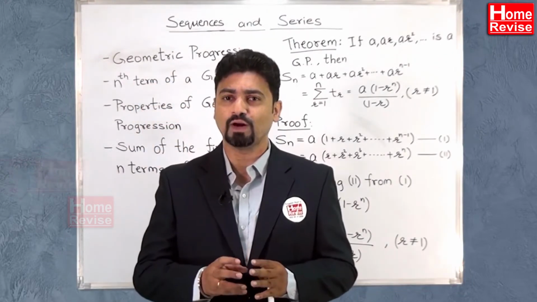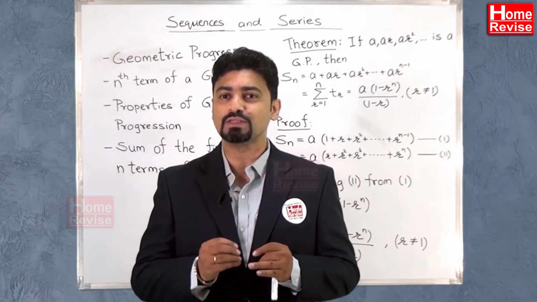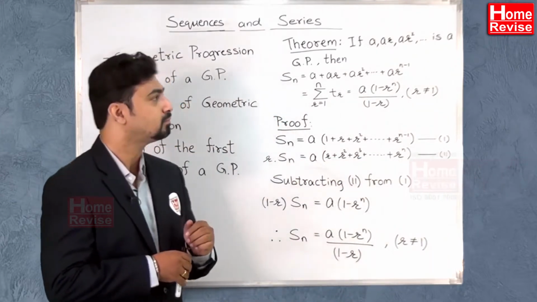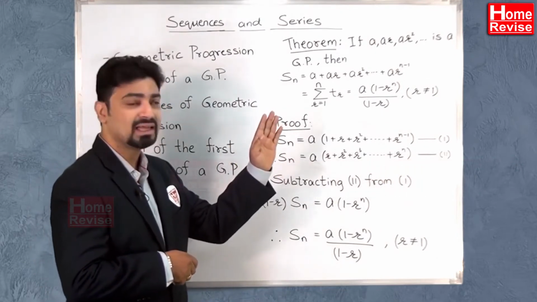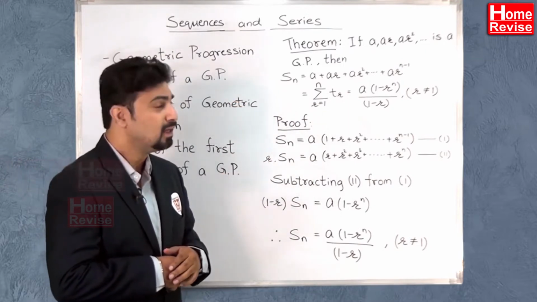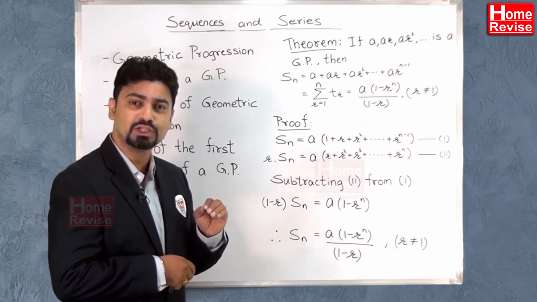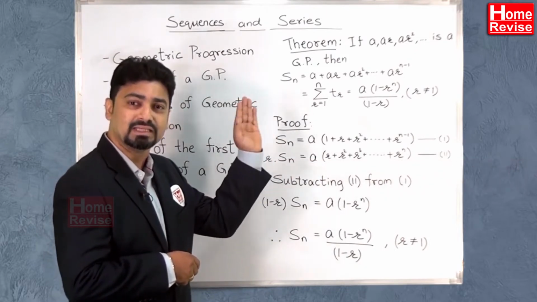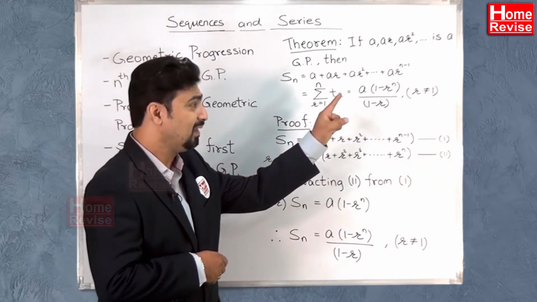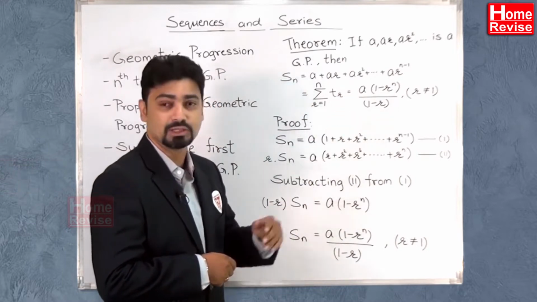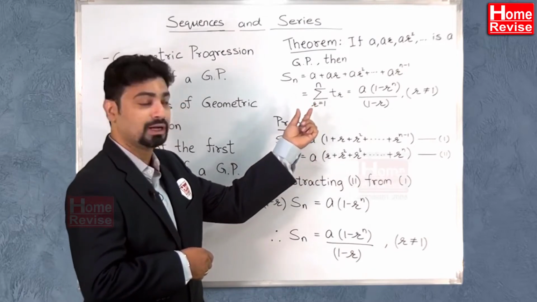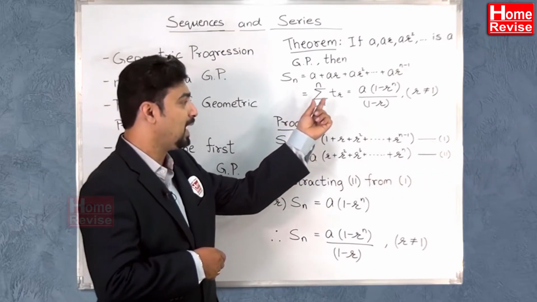Let us now see how to find out the formula of sum of n terms of a geometric progression. So let us start. The theorem states that if a, ar, ar square, and so on is a GP, then the sum of first n terms of this GP, denoted by Sn, is equal to a plus ar plus ar square, and so on till the nth term given by ar raised to n minus 1, which is denoted by the summation of r equal to 1 to n of Tr.